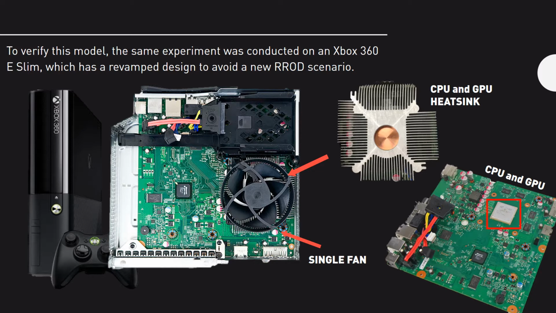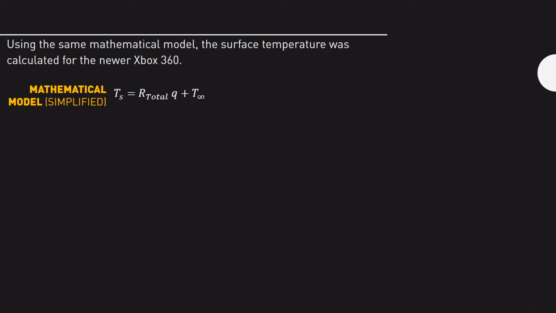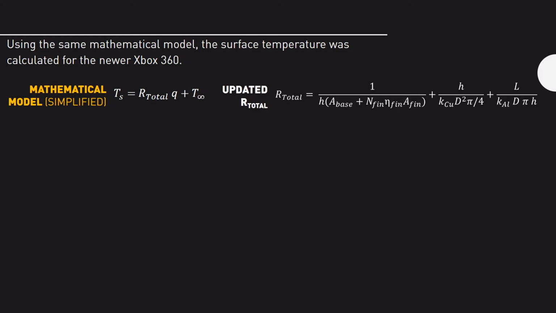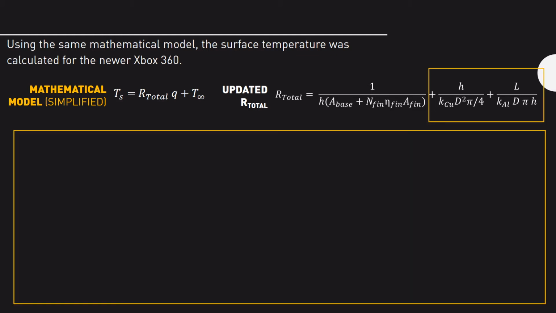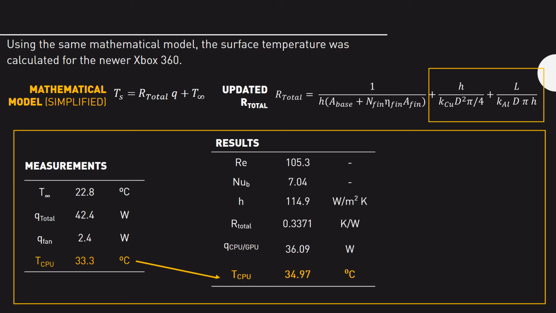And when we did calculate it, we used the same model, but in our total resistance, we included conduction between the copper cylinder and the aluminum heatsink, as you can see right there. And we were able to get results within 2.9% of what we measured.